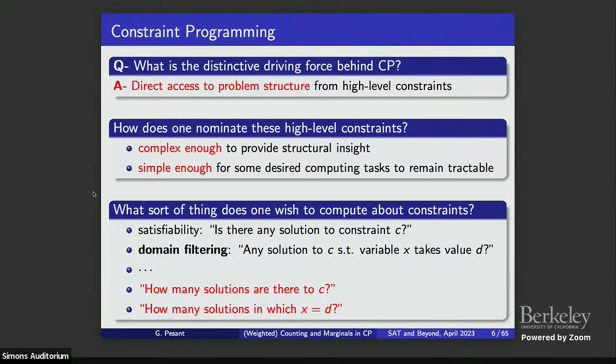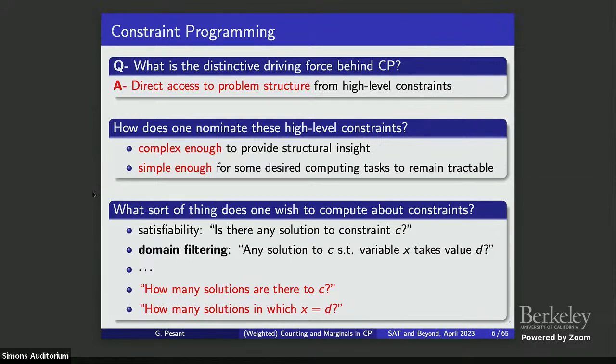What sort of thing do we do with these constraints? Well, traditionally, as Kieran said, at least you want to know, given a constraint C, is there any solution to that constraint? Or is this a solution to the constraint? The domain filtering, the arc consistency that you heard about, we're asking, is there any solution to the constraint such that variable X takes value D?